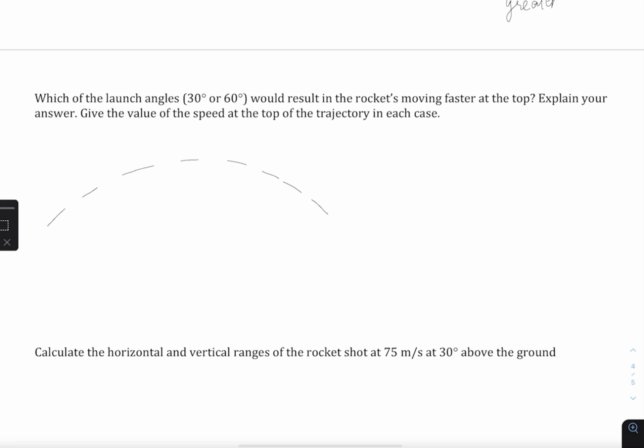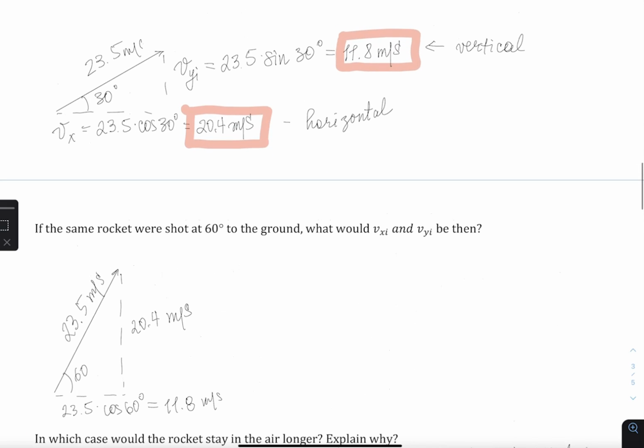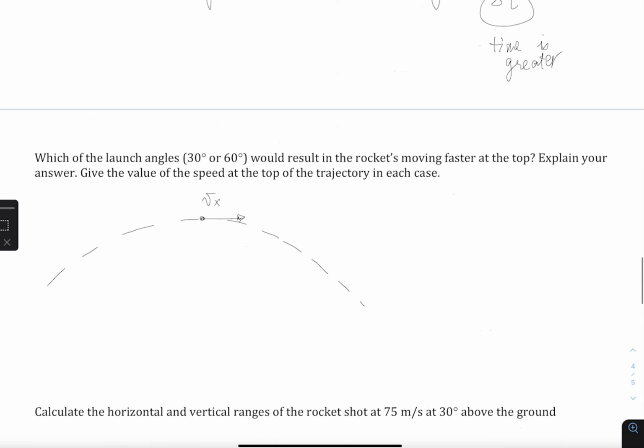Now, remember when we were drawing the trajectory, we mentioned that at the top, our projectile will still have its Vx. Well then, which projectile at 30 or at 60 will have a greater Vx? The one that had a smaller Vy. So remember, when we looked at our shot at 30, we get 20.4 meters per second. But if we shoot at 60, we flip them, and now horizontal is lower, 11.8.